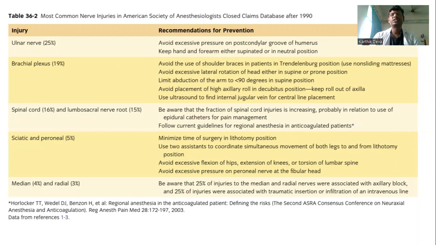Avoid excessive lateral rotation of the head in either supine or prone position. Limit abduction of the arm to less than 90 degrees in supine position. Avoid placement of a high axillary roll in decubitus position; keep the roll out of the axilla. Use ultrasound to find the internal jugular vein for central venous line placement.